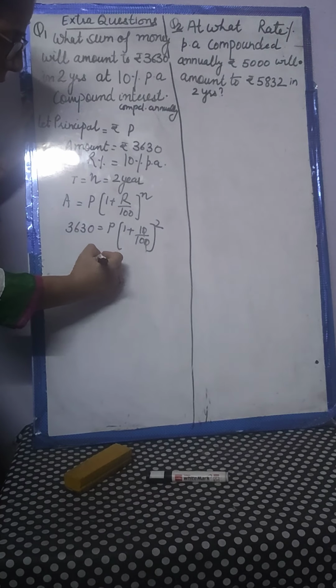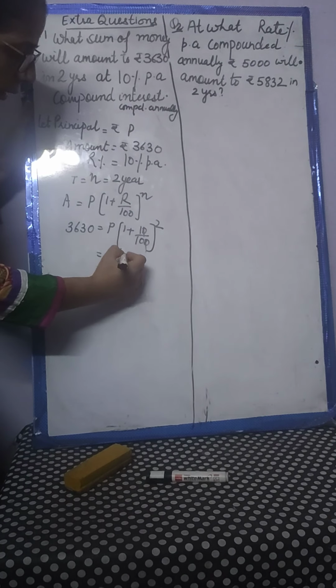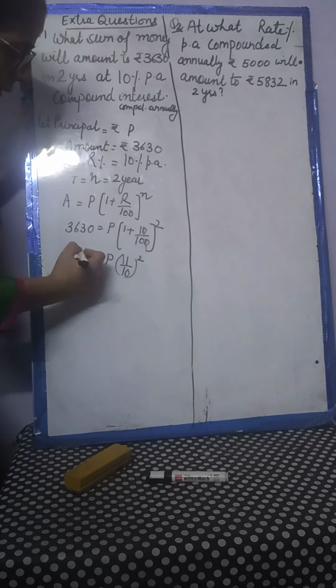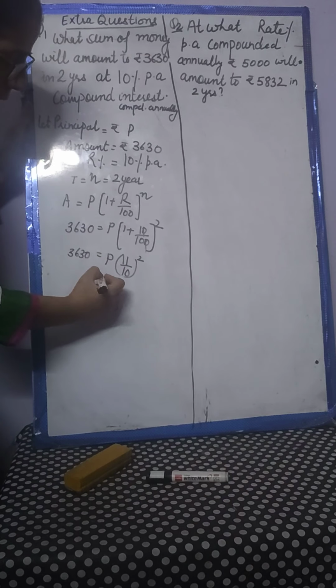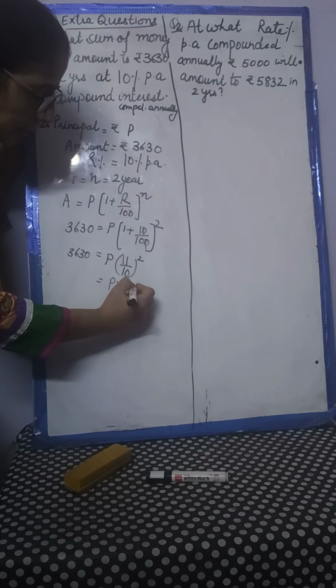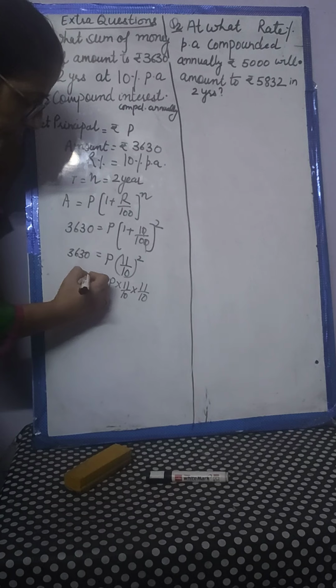So what will be there? P into 1 plus 10 by 100, that is 10 plus 10 is 11 by 10, whole square is equal to 3630. So P into 11 by 10 into 11 by 10 is equal to 3630.